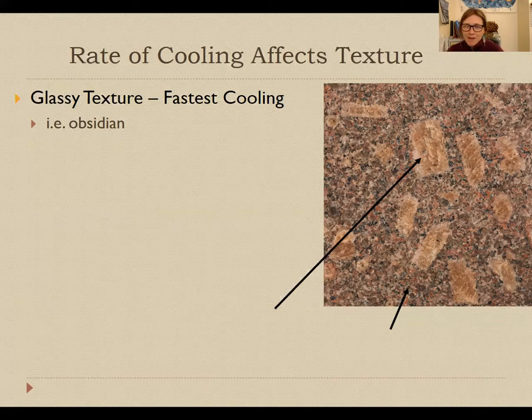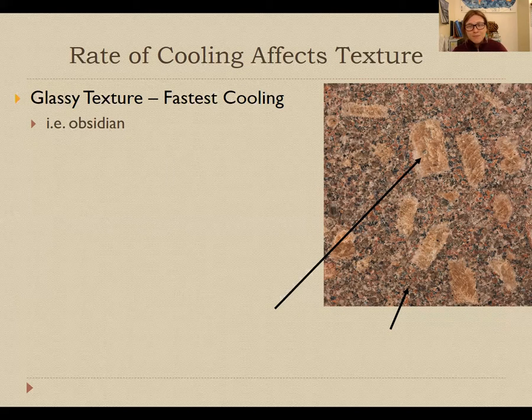And sometimes a melt will cool so fast that the individual atoms don't even have time to arrange themselves into the true mineral structure. So remember, when we learned what a mineral is, one of the things that we said about a mineral is that it has this very precise way that the different atoms need to be aligned with each other to have the characteristics of the mineral.